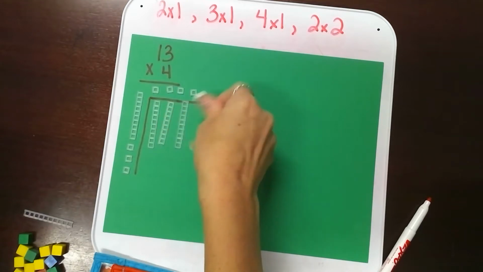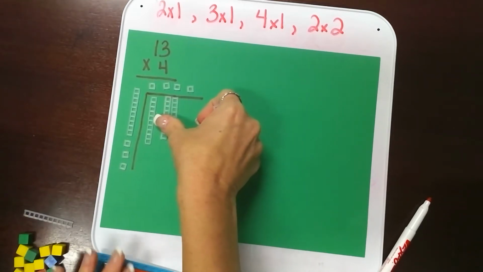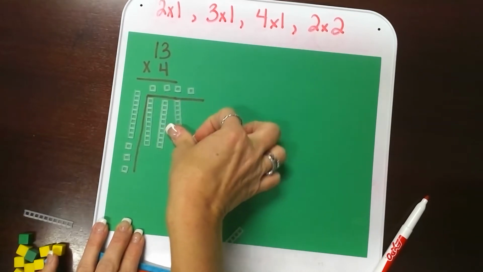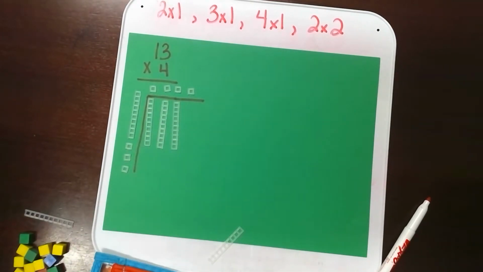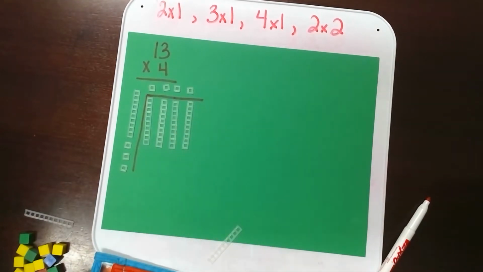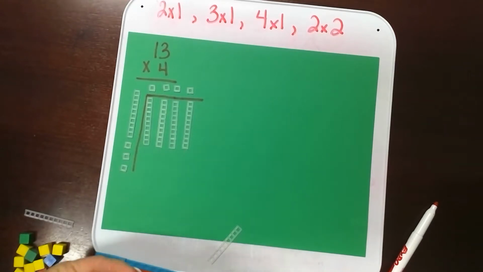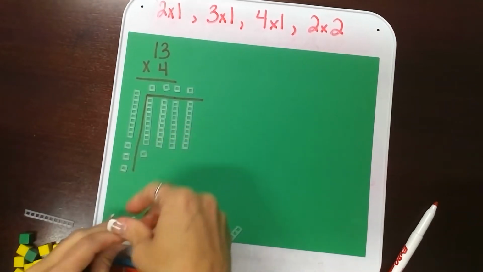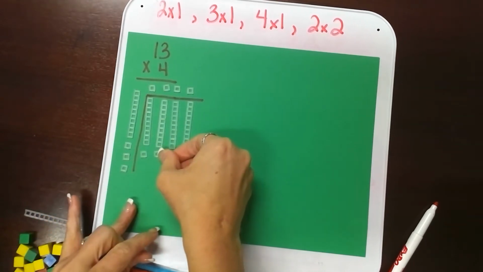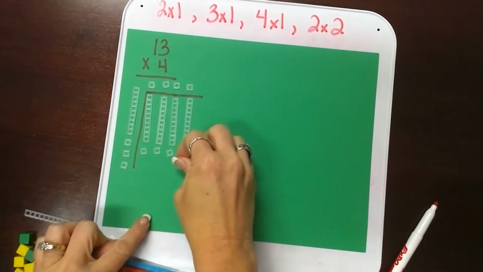I have another 10 times a 1. And then I have 1 times 1, 1 times 1, 1 times 1, 1 times 1, and so on for each row.